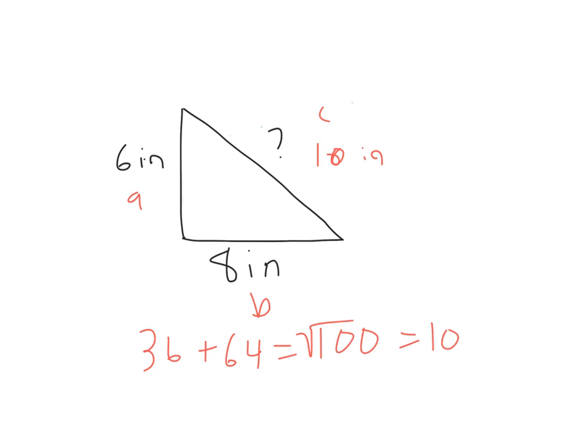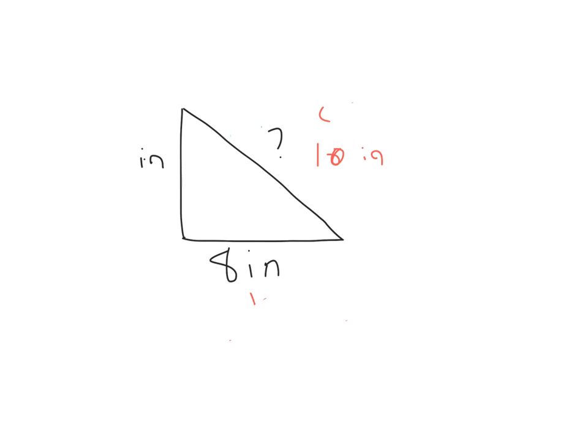Let's look at another one where they use some bigger numbers. You can just use calculators, so don't worry about knowing your times tables with bigger numbers. Maybe a leg here is 45 inches, and another one is 28 inches.